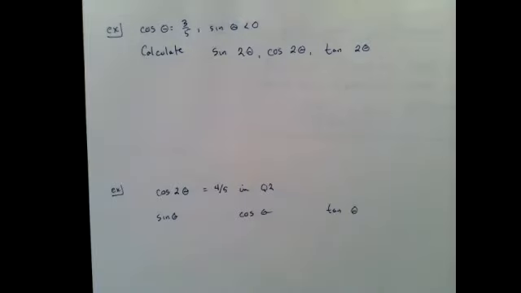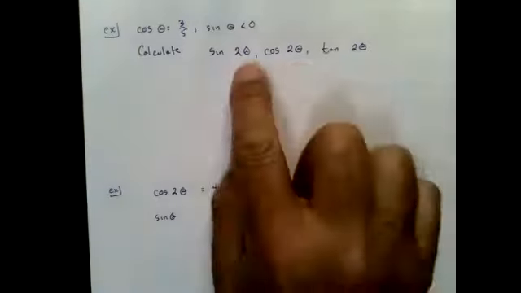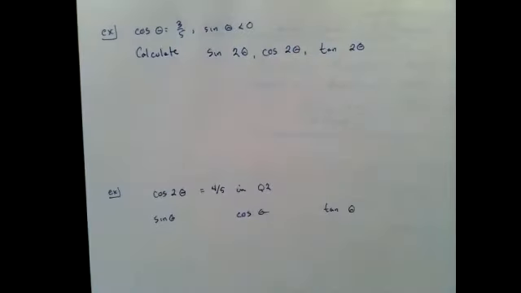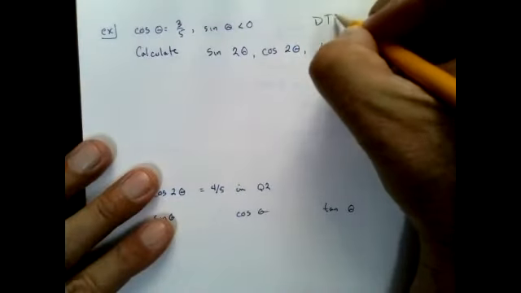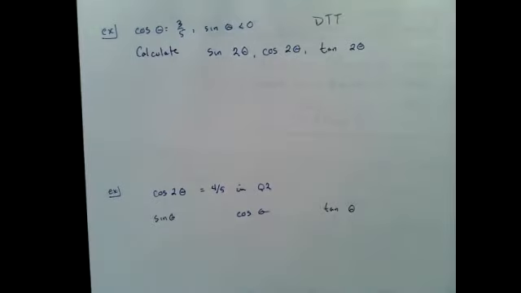Let's take a look at this first example. The cosine is 3/5. Sine is less than 0. Before I go and find out what all of these are, whenever I'm stuck, what do I do? DTT.